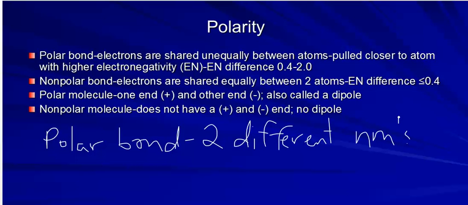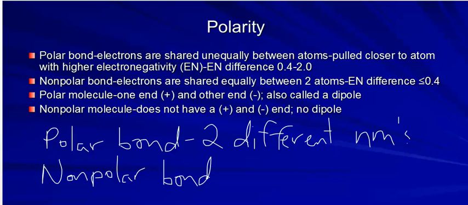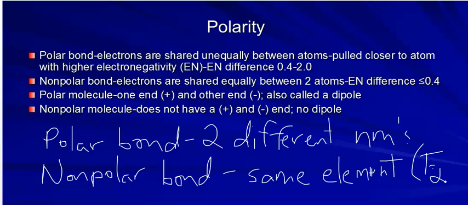The only time it's a nonpolar bond, where the electrons are shared equally, it has to be the same element bonded to itself. So for example, F2 would be a nonpolar bond.